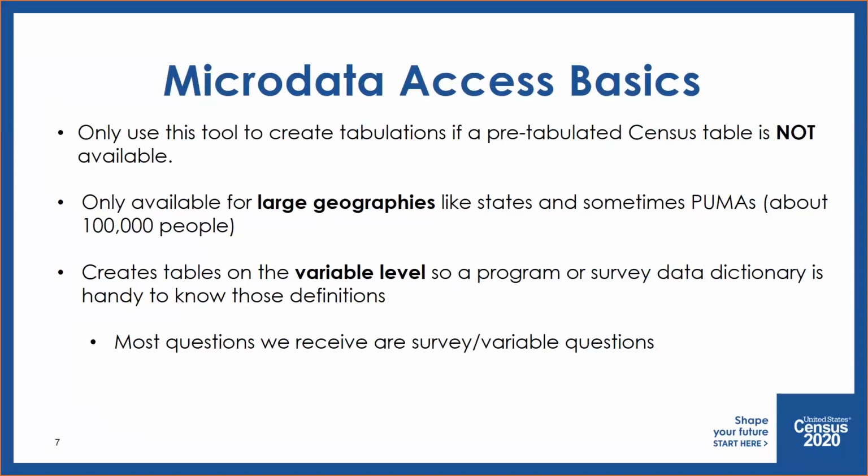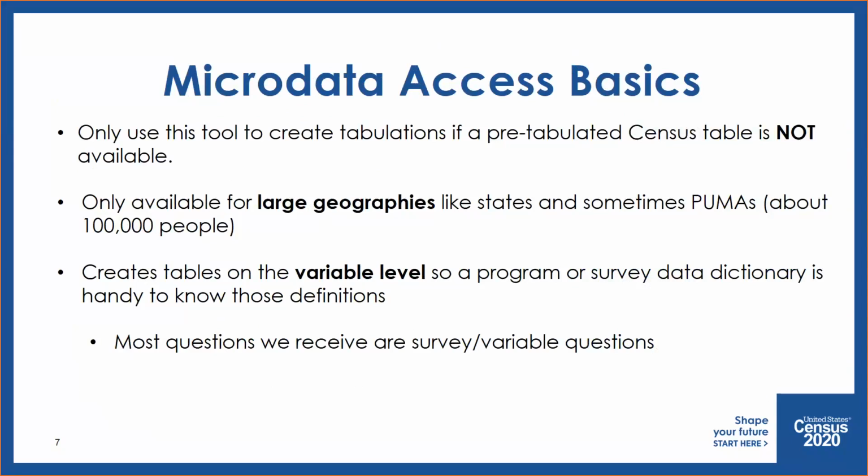Just as a reminder, some of the basics. You only use this tool to create tabulations if pre-tabulated census tables are not available. It's only for the larger geographies, states and PUMAs of about 100,000 people. And the important part is that it really does create tables on the variable level.